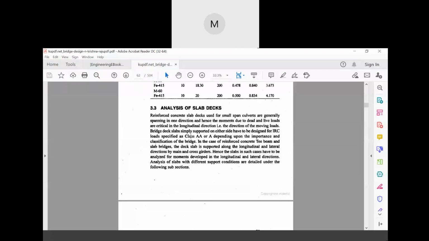in case of RCC T-beam bridge and slab bridges, the deck slab is supported along the longitudinal and lateral directions by main and cross girders.